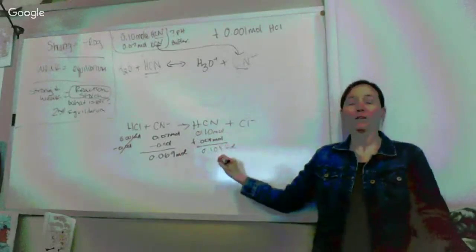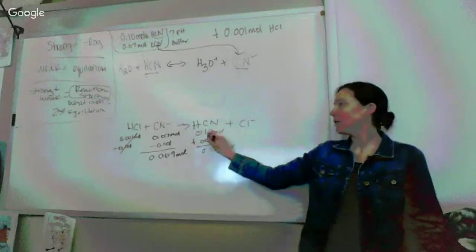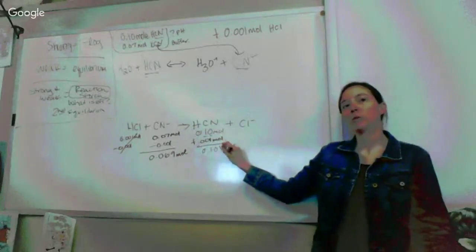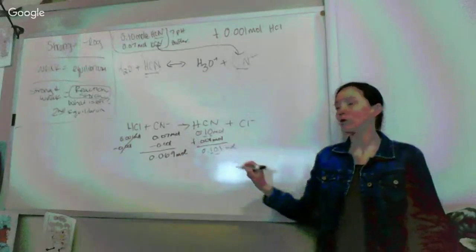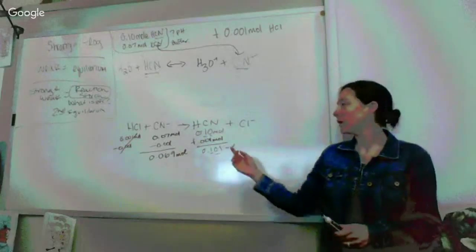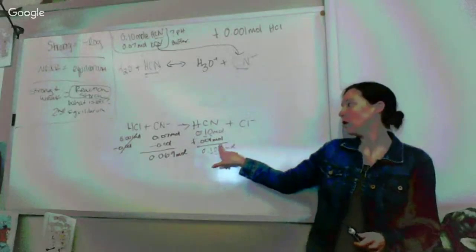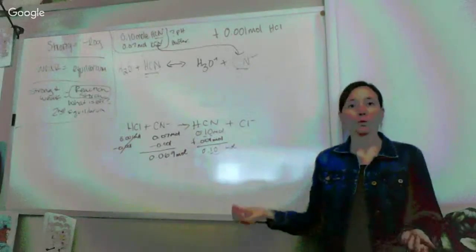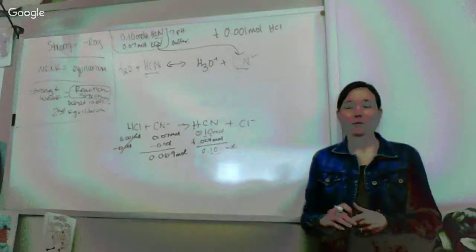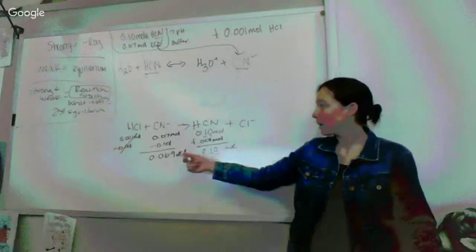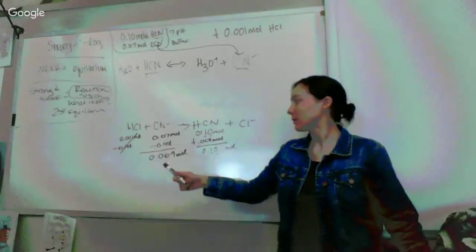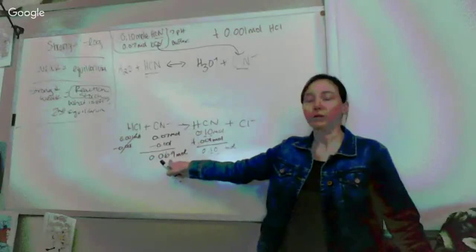This one, in significant figure world, has 2 places here and 3 places here. So when we add them together, you really should only have 2 places in the significant figure world. And so this one, you really should round to 0.10 moles if we were looking at significant figures. And then over here, we have 2 places here and 3 places there, so we really should round that to 0.07.